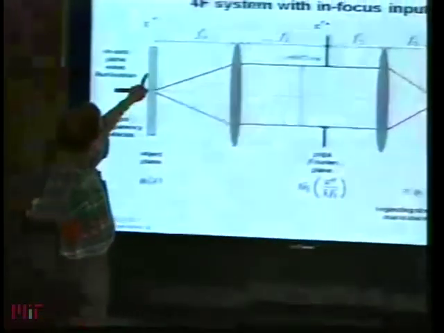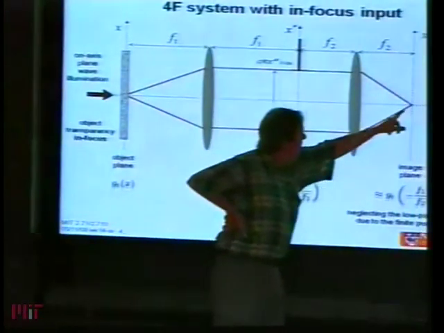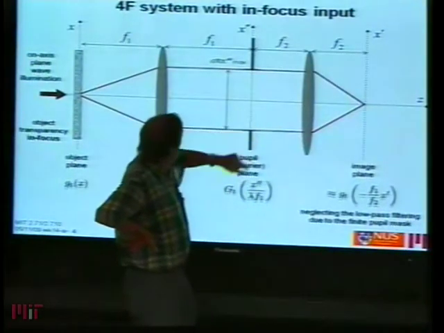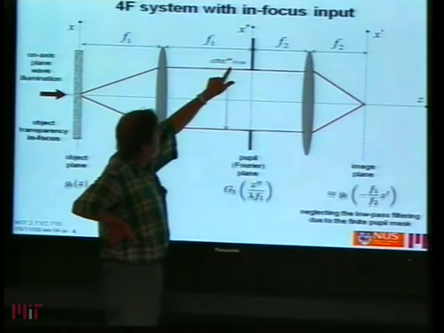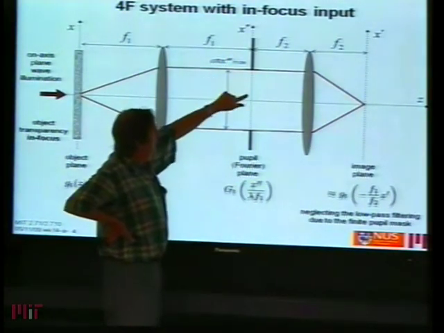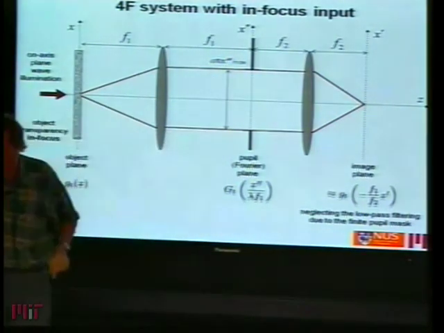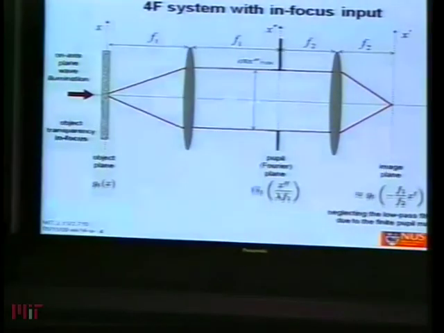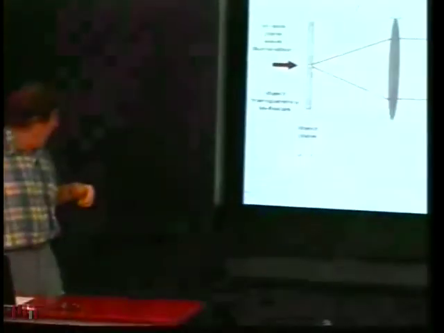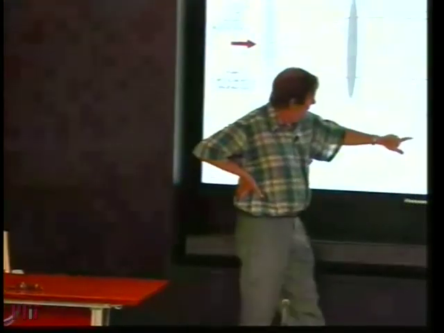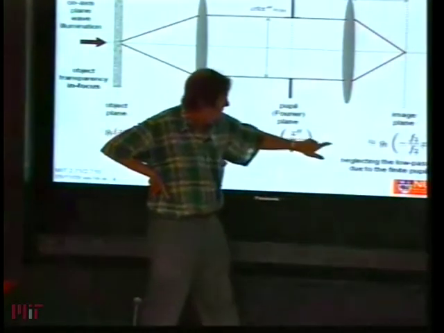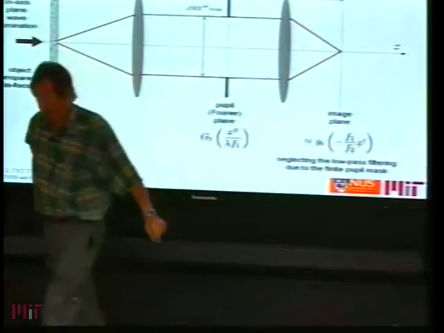This is showing the terminology: x, x prime, x double prime. You can see here, x double prime maximum is equal to the radius of the aperture. This is a function of x, this is a function of x double prime, and this is a function of x prime.